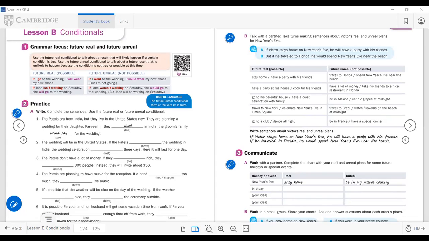Now we have some time in our class, so why not log into the software, Burlington software, and practice these exercises. If you don't have enough time during the class, then please assign these to your students as homework, so they log in to Burlington, and then they have these other exercises to practice and not just only the book.